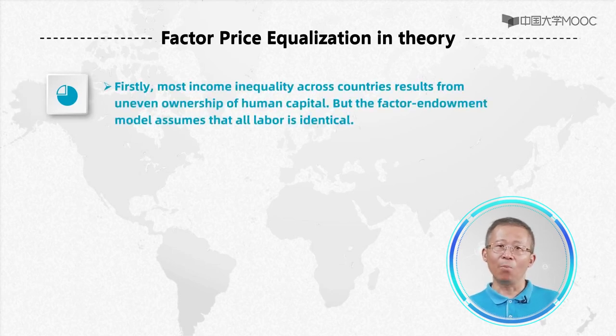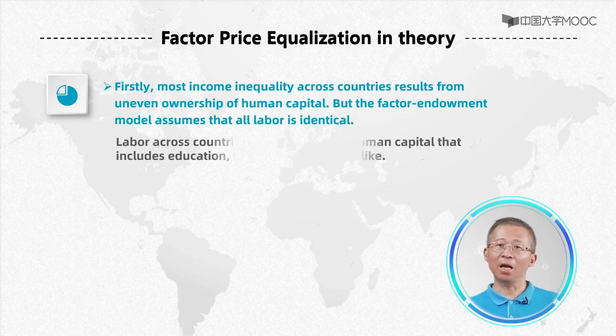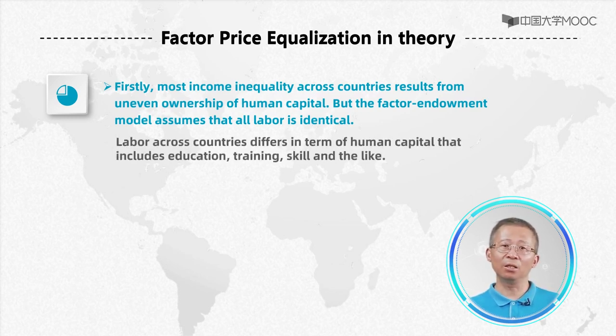Firstly, most income inequality across countries results from uneven ownership of human capital. But the factor endowment model assumes that all labor is identical. Labor across countries differs in terms of human capital that includes education, training, skill, and the like.